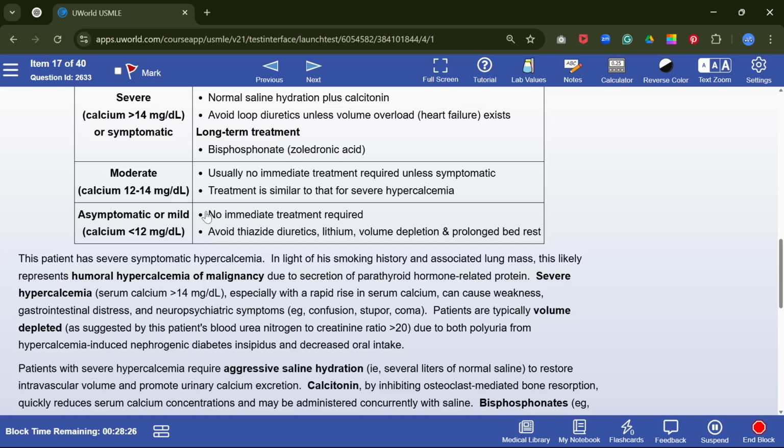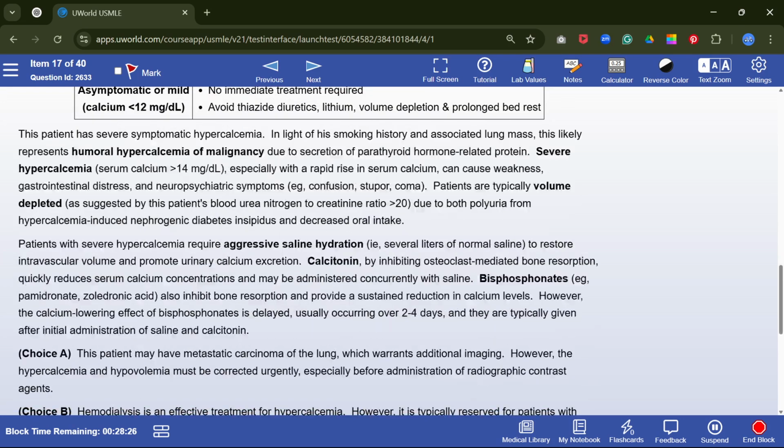Patients with severe hypercalcemia require aggressive saline hydration, several liters of normal saline to restore the intravascular volume and promote urinary calcium excretion.